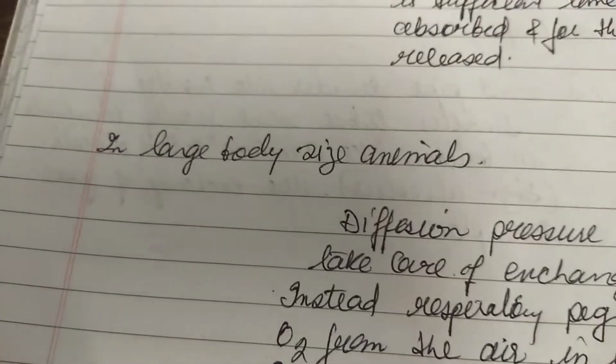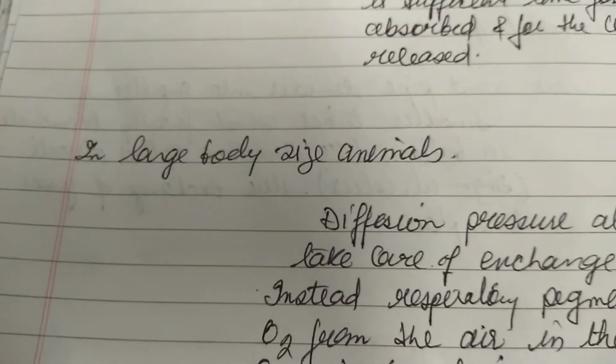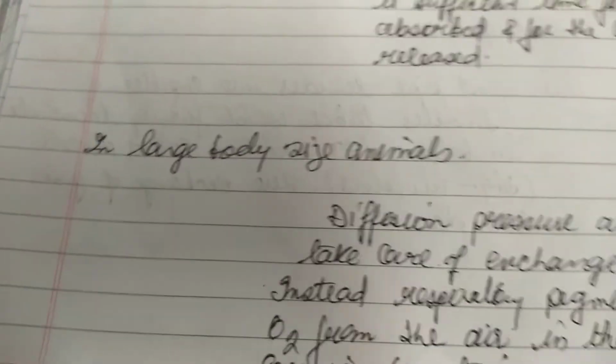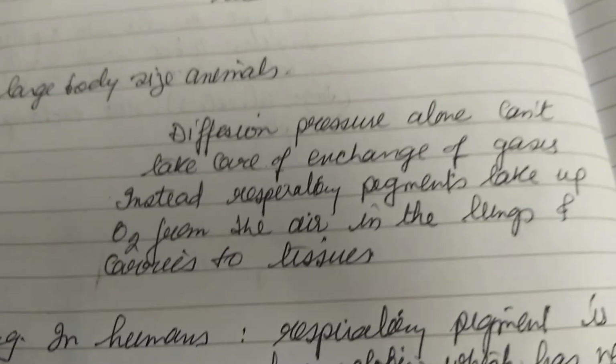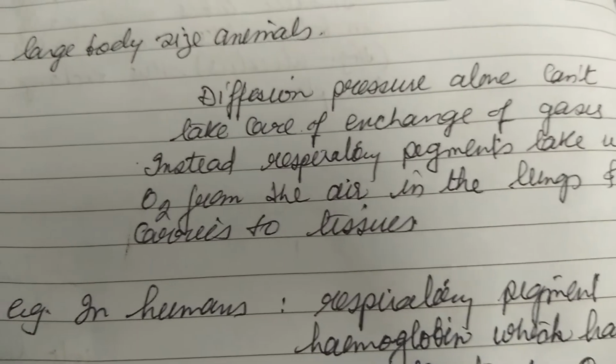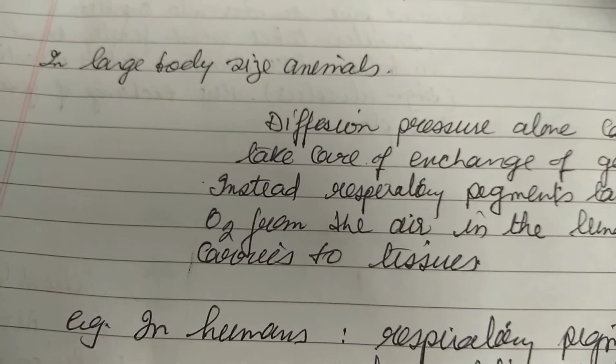Now, the human body is also a large body, and there we have even bigger animals also. So this exchange of gases, right? This is a diffusion process. Oxygen is taken in and carbon dioxide is moved out.